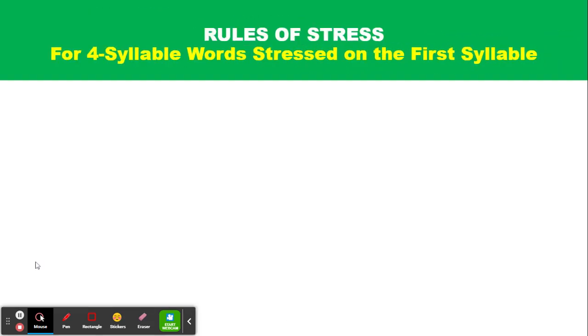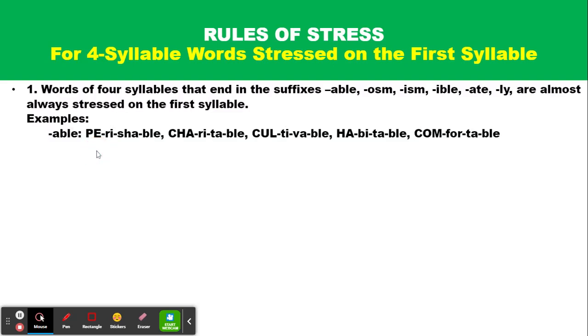Now let's move on and begin to look at the rules of stress. And we want to begin with four-syllable words stressed on the first syllable. What are the rules? Rule number one: words of four syllables that end in the suffixes able, ism, ible, and ate.